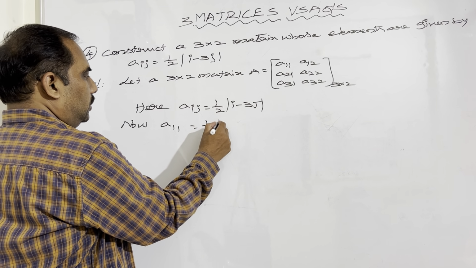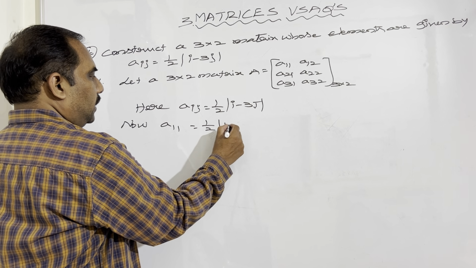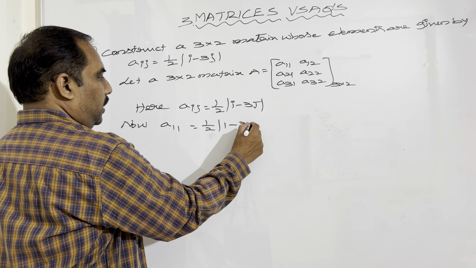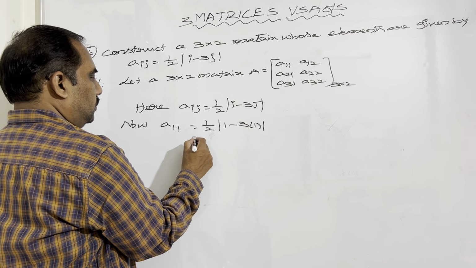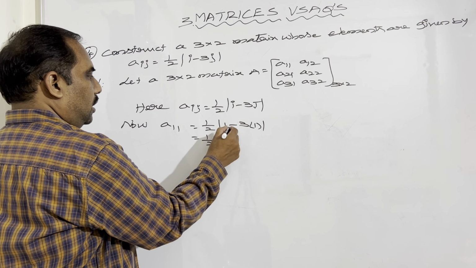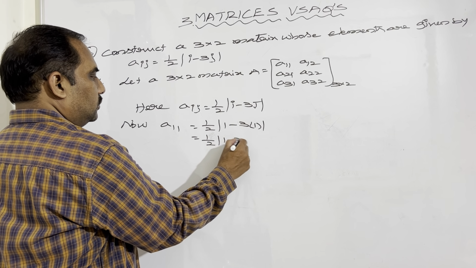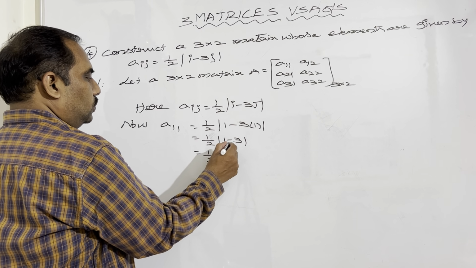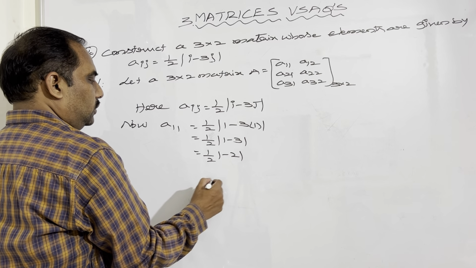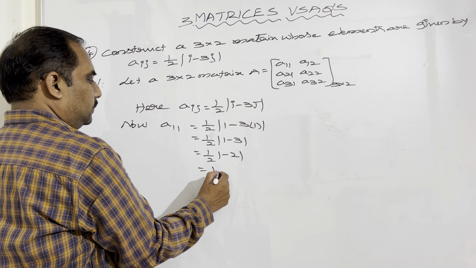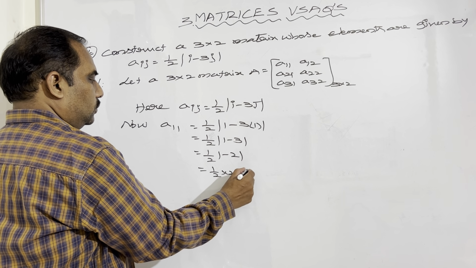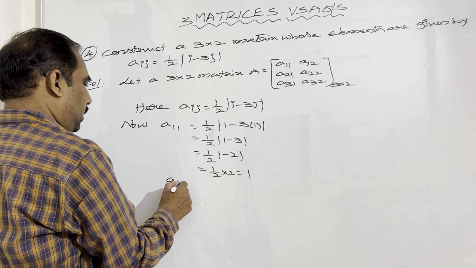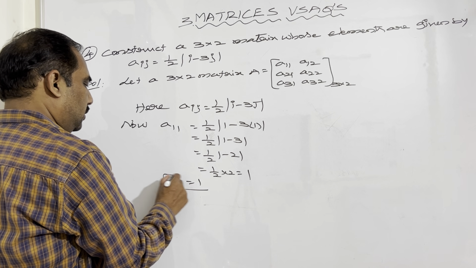So 1 by 2 into modulus of 1 minus 3 into 1, which is 1 by 2 into modulus of 1 minus 3, which is minus 2. The modulus of minus 2 is always plus 2, so 1 by 2 into 2 is equal to 1. So A11 is equal to 1.